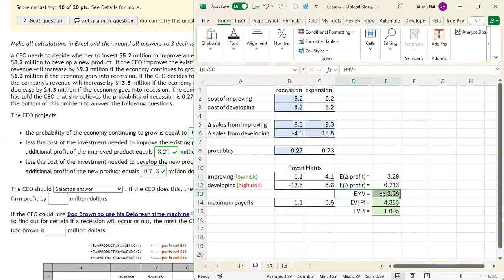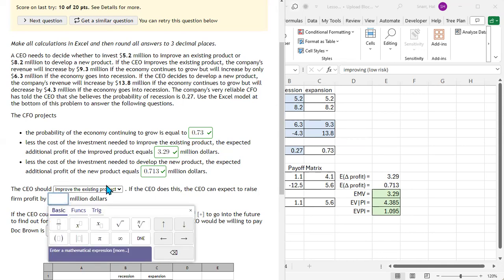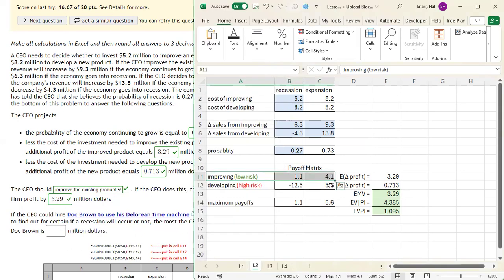The expected monetary value is 3.29. That says the CEO should improve the existing product. If the CEO does this, the CEO can expect to raise firm profit by $3.29 million. Now, this is a good decision, right? Not only is the expected increase in profit higher for improving the existing product, it's also much less risky.